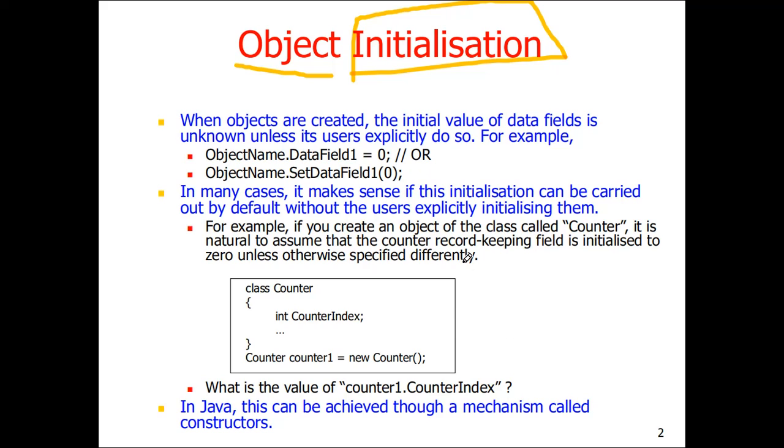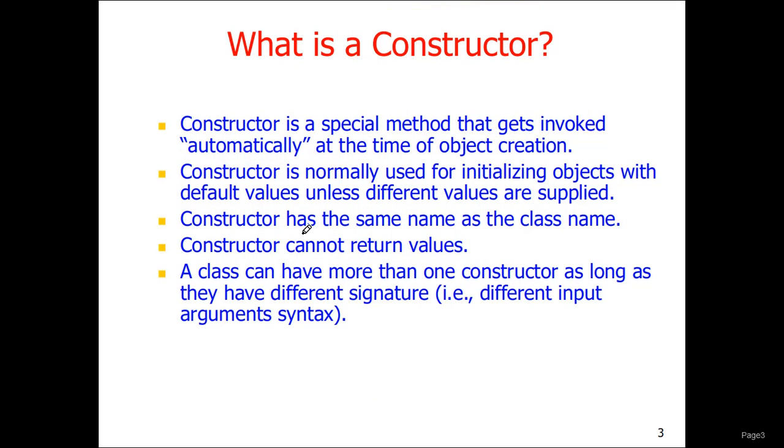So a constructor is a simple mechanism where you have a simple method. Like we write a method, we write the constructor as a method itself, and there are a few things to remember when we write a constructor.